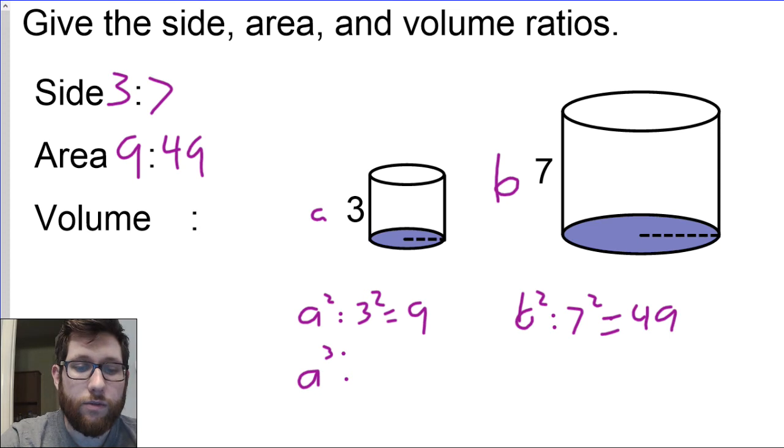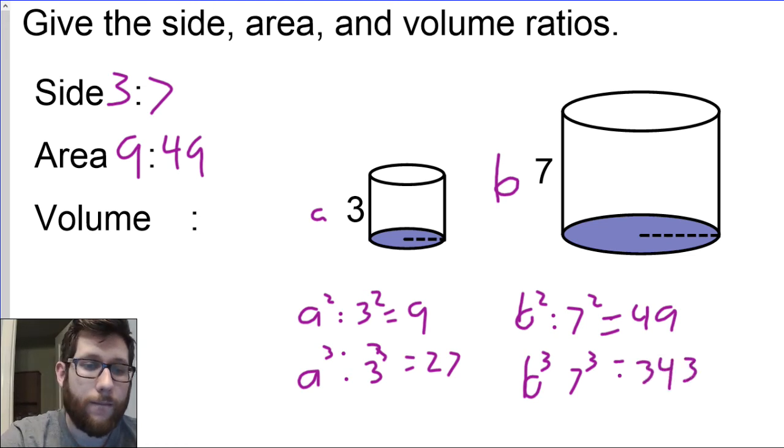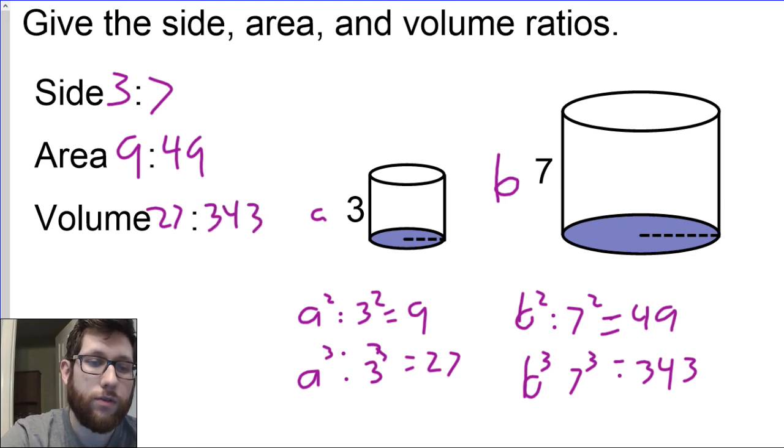So A cubed is equal to 3 cubed, which if you type in a calculator, is going to come out to 27. Your B cubed is 7 cubed, and that is going to come out to 343. Okay, 27 to 343. And you can always use Desmos to help you do the cubes and the squares.